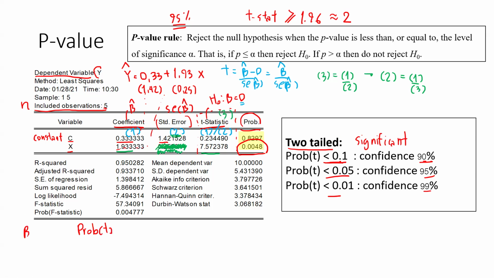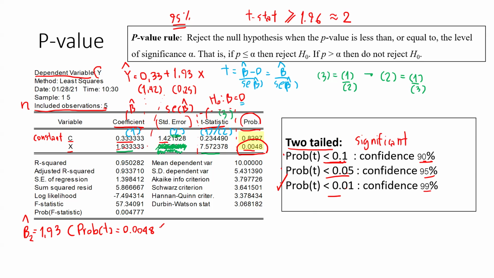So beta 2 hat equals 1.93 with p-value of t equal 0.0048, which case 0.1, 0.05 or 0.01, 0.0048 here.